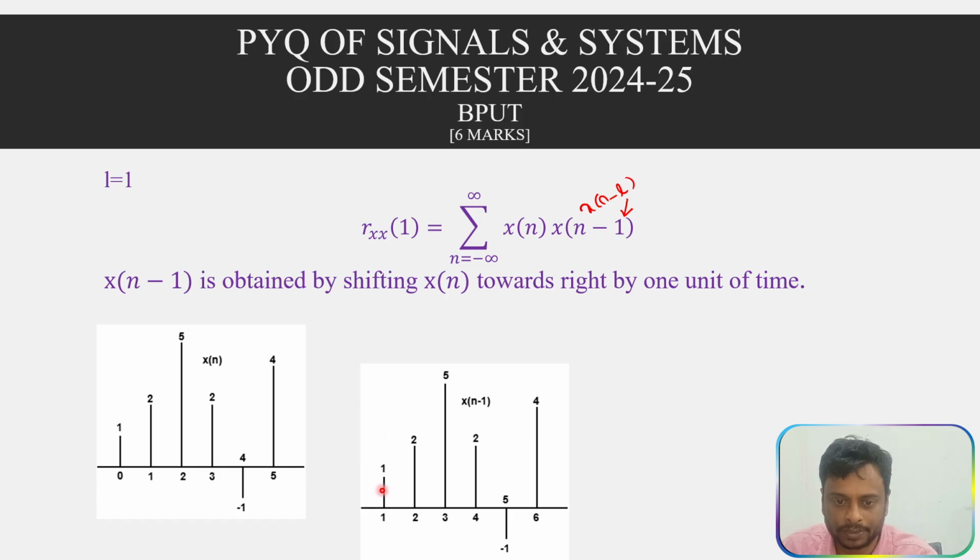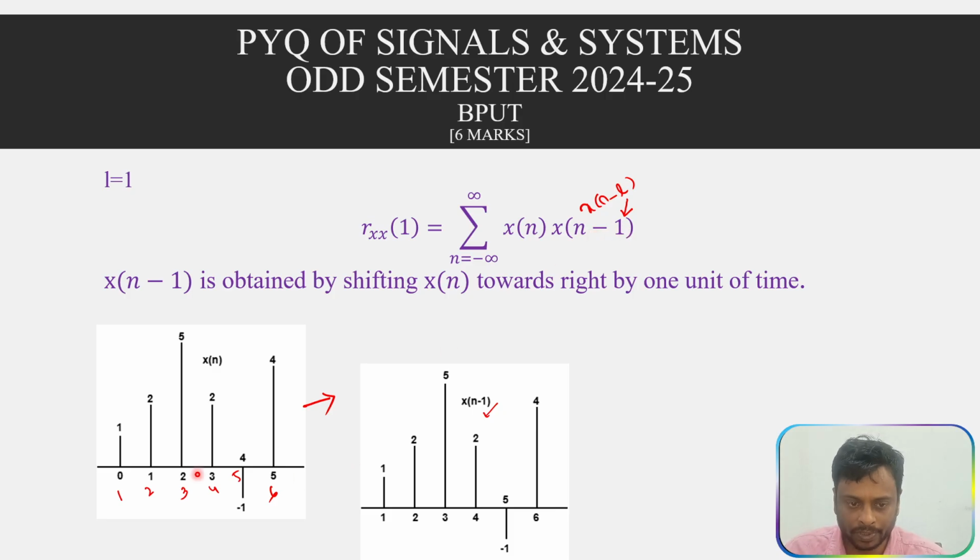This sequence is starting at 0. This sequence will be starting at 1. So we have shifted this sequence towards the right. Okay. So now it is 1, 2. The amplitude remains constant. Only the time shifts. Okay. So this is 4, 5, and 6. This is our x of n minus 1. Now what we'll do is multiply. So x of n will multiply with x of n minus 1.